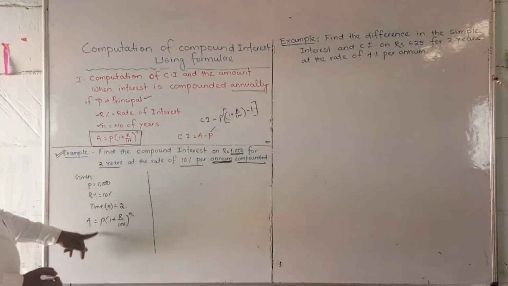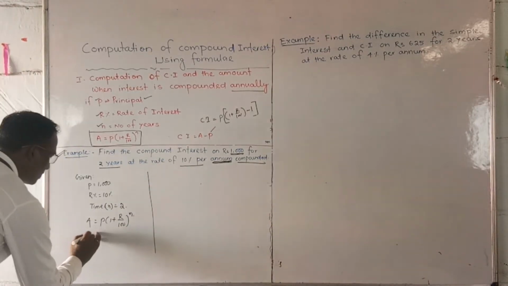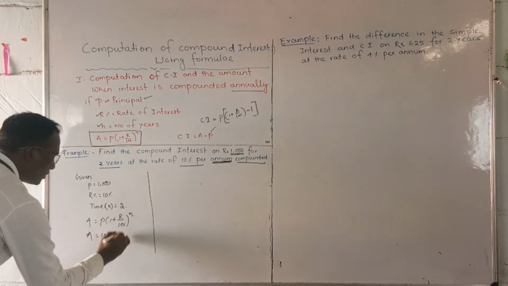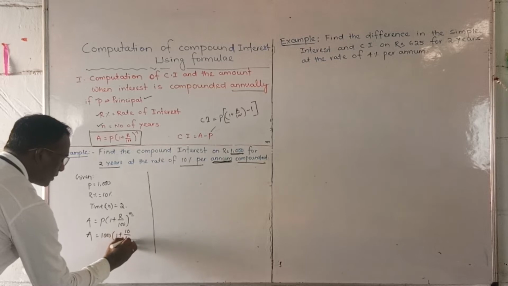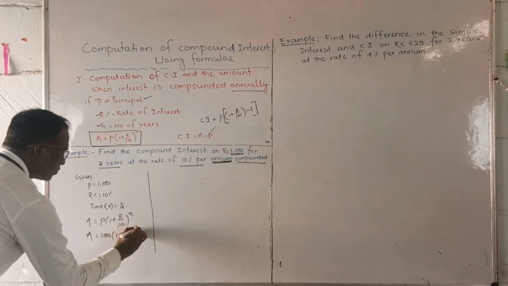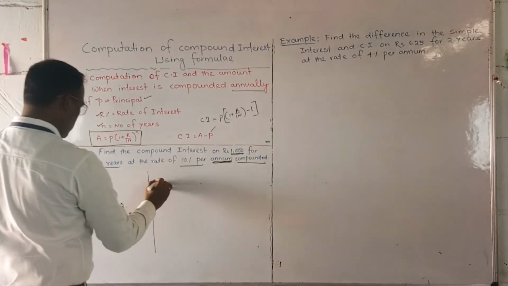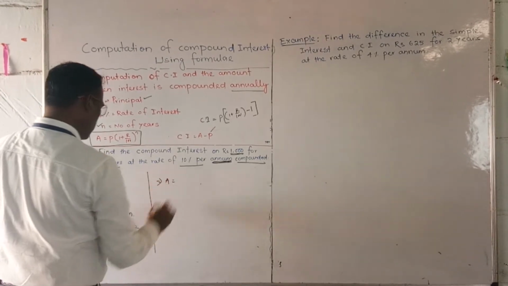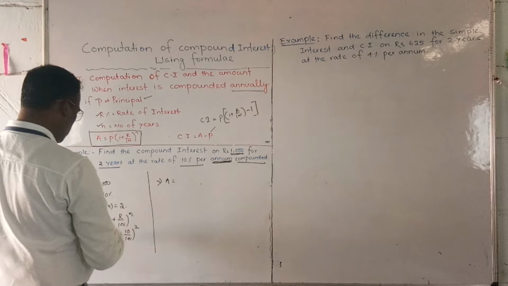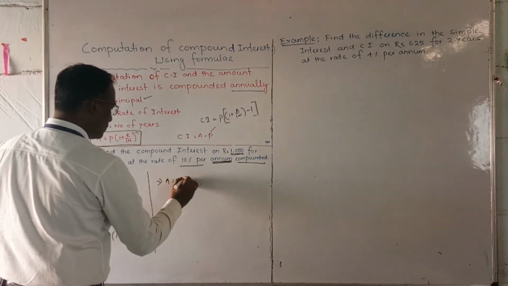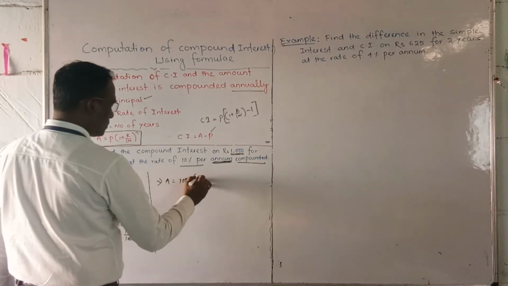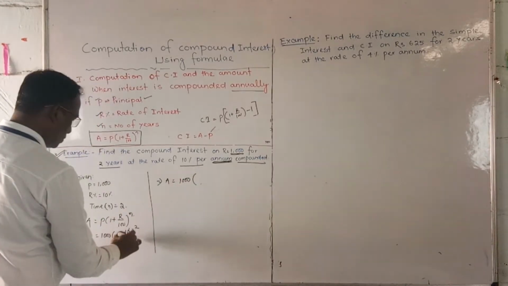We can write first here, principal 1000 rupees, (1 plus R means 10 by 100) whole power 2. Amount is equal to 1000. If you cancel 0 with 0, how much remains here, 1 by 10.